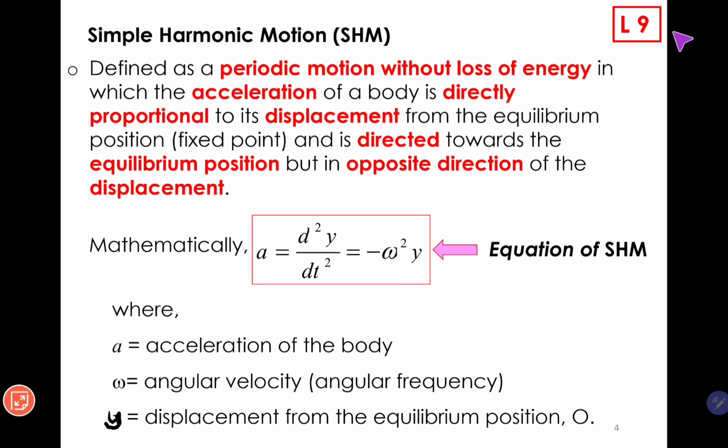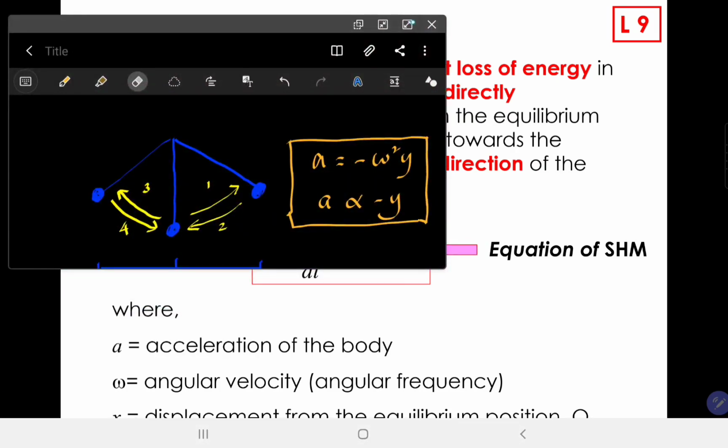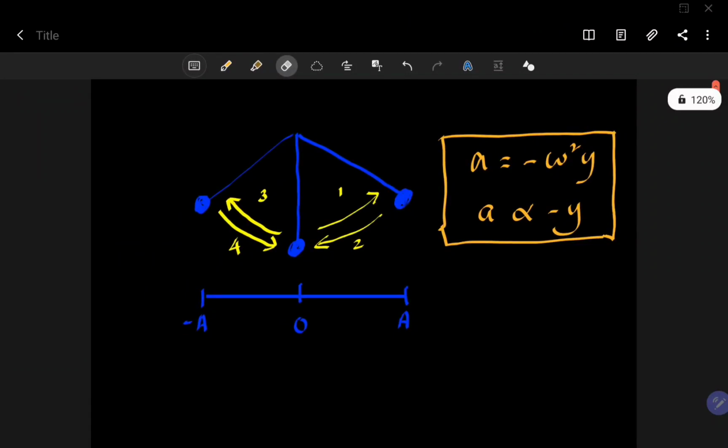Okay, so what does it mean by this statement? Let me summarize for you using a simple diagram. Let's say there is a simple pendulum which is oscillating back and forth again and again. This simple pendulum is moving towards the amplitude, turns back to its original position which is equilibrium, and then moves towards another amplitude, again and again.